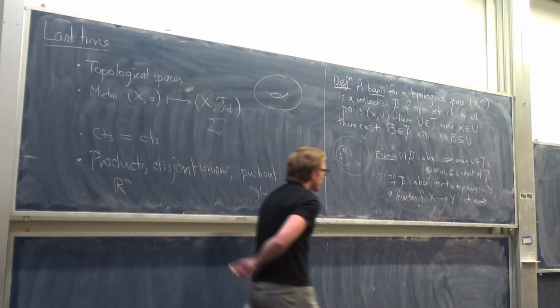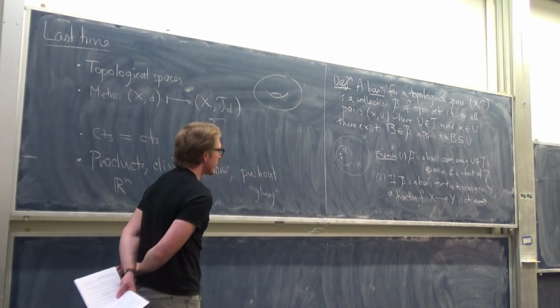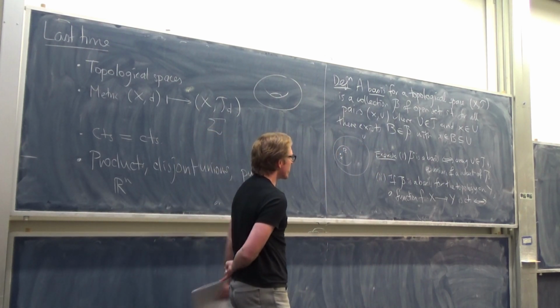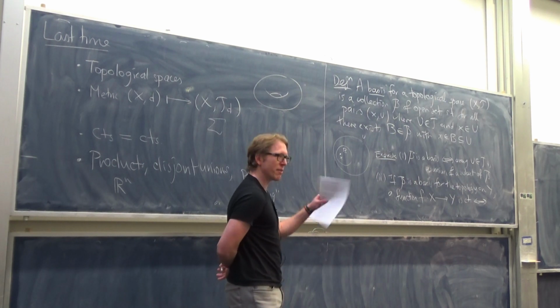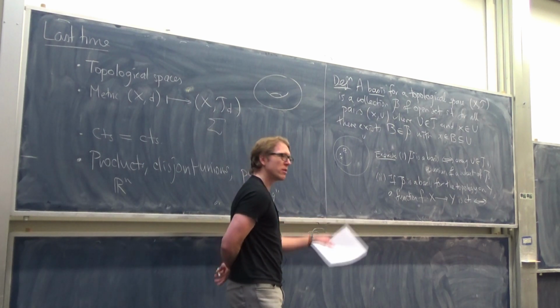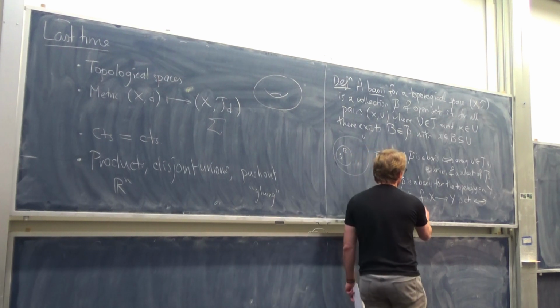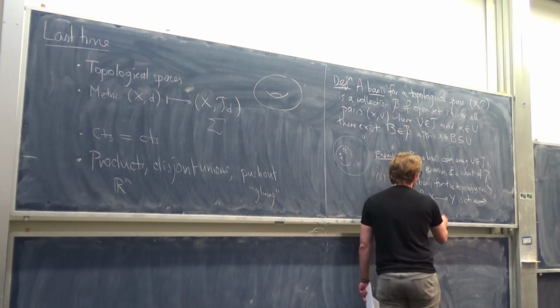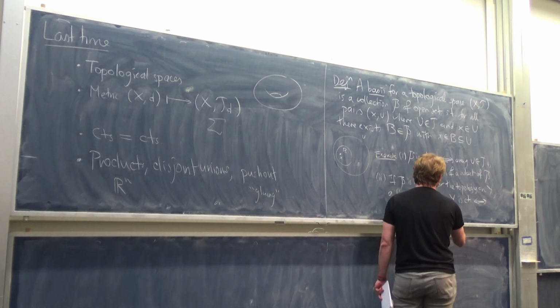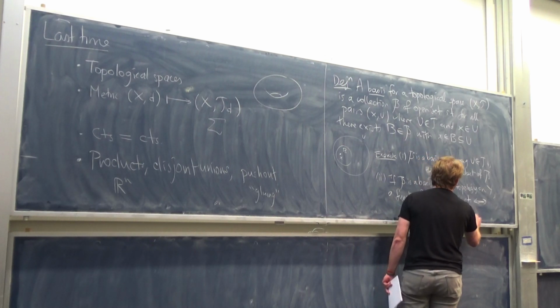Well, to be continuous would mean that the inverse image of every open set is open, but every open set is a union of things from the basis, and inverse images commute with unions, so that's the same as saying that the inverse image of everything in the basis is open.